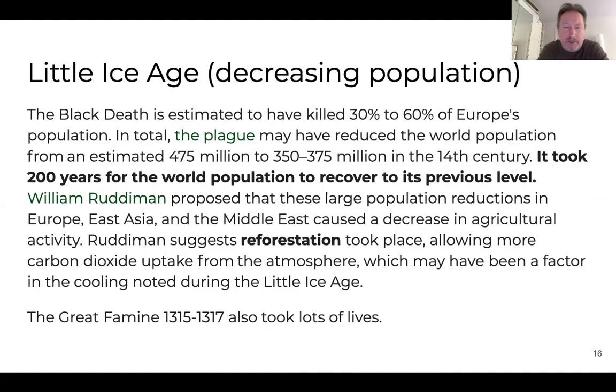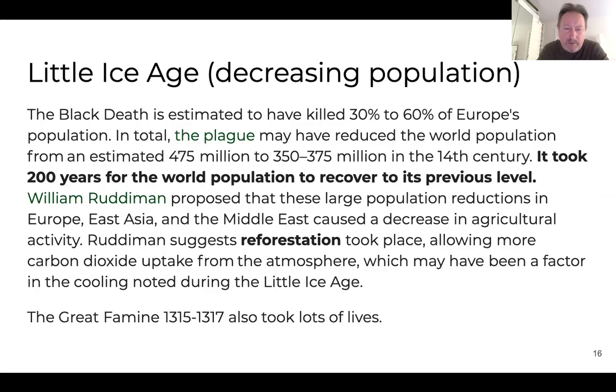In total, the plague may have reduced the world population from an estimated 475 million to 375 million in the 14th century. It took about 200 years for the world population to recover to its previous level.